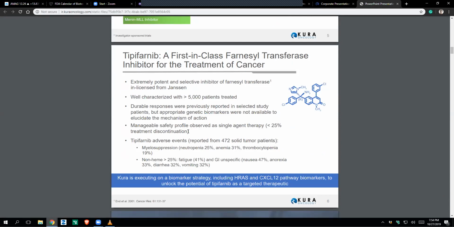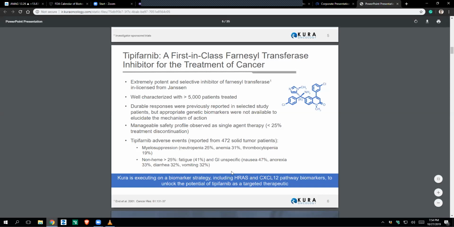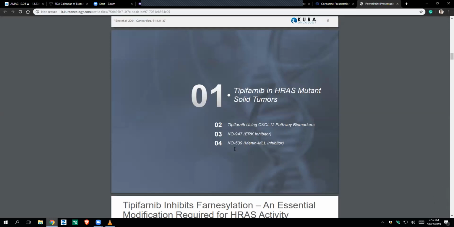They have done phase 1 where they found a manageable safety profile. The goal of phase 1 trials is to check the safety. They had less than 25% treatment discontinuation. Myelosuppression was seen. Durable responses were found earlier, but at that time they didn't have good genetic biomarkers.